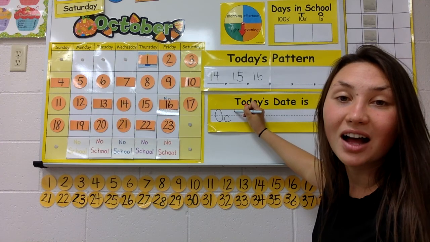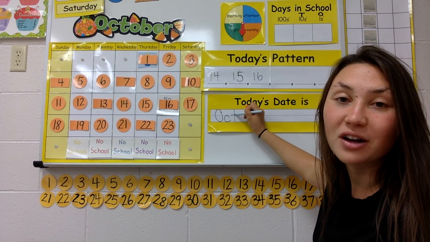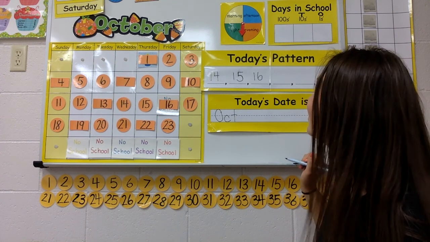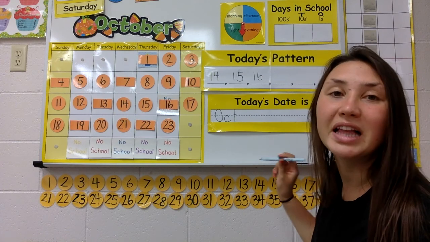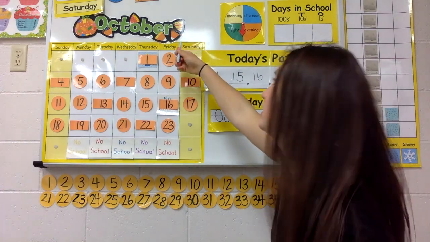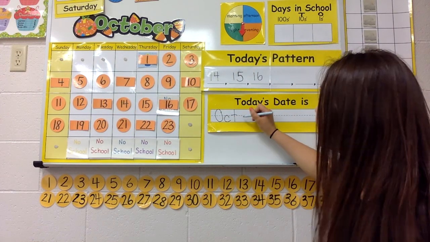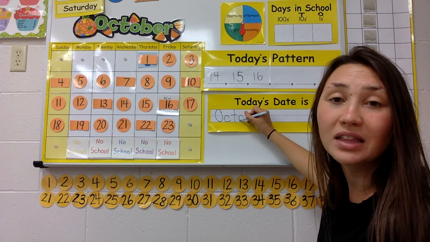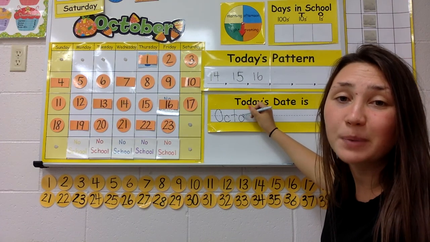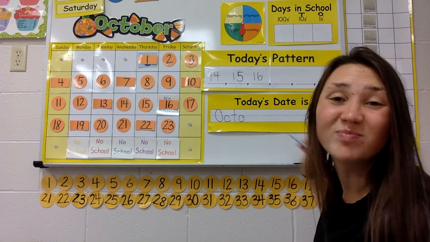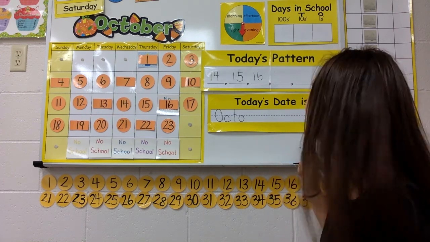Just make a line down and cross in the middle. All right. What letter is after the T? What do we got here? That's an O too, right? This one is only going to be a little o, only half as big as your capital O. We have 2 O's in October.